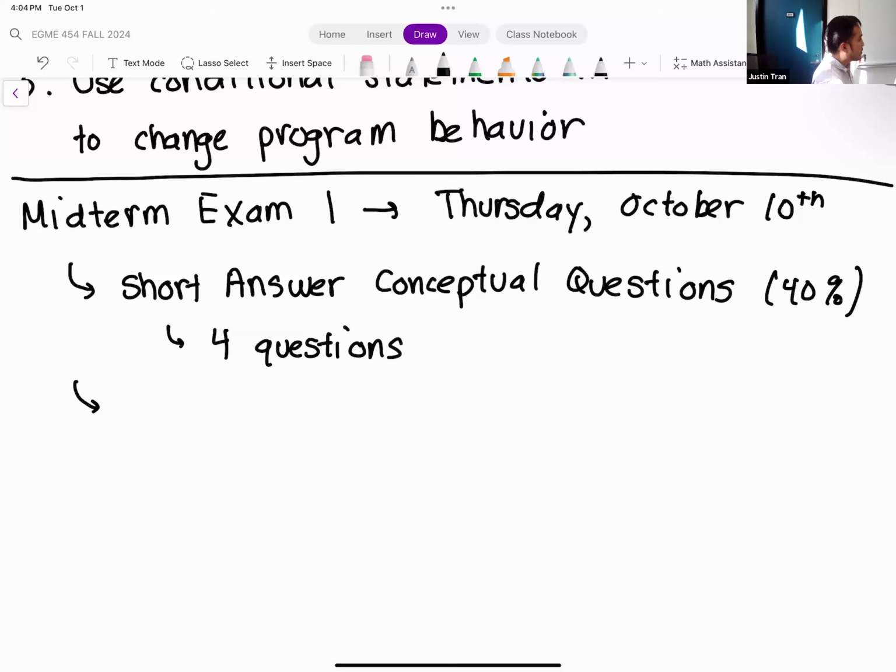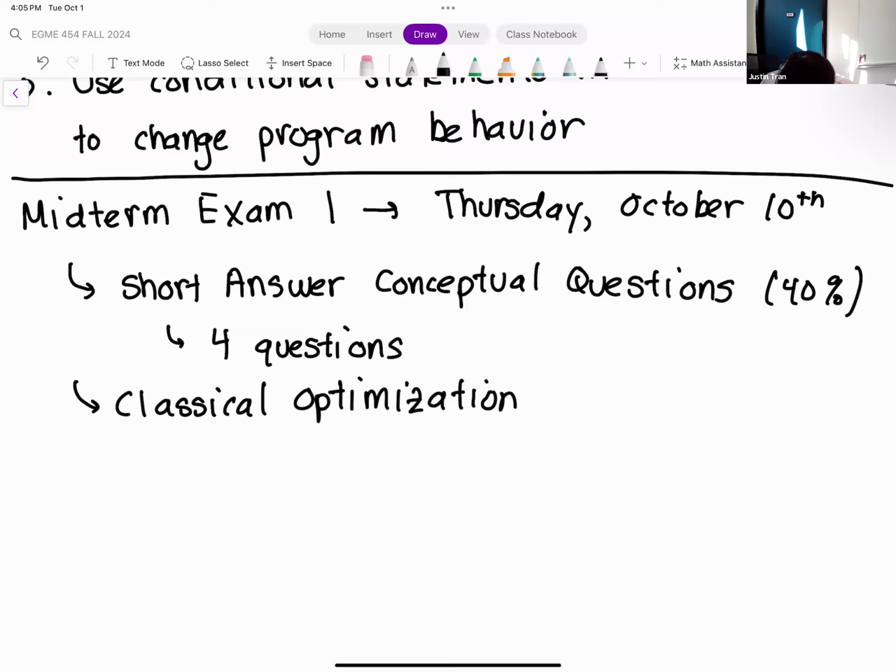The other section of the exam is going to be classical optimization problems. These are very similar to the homework problems that you have been working on.